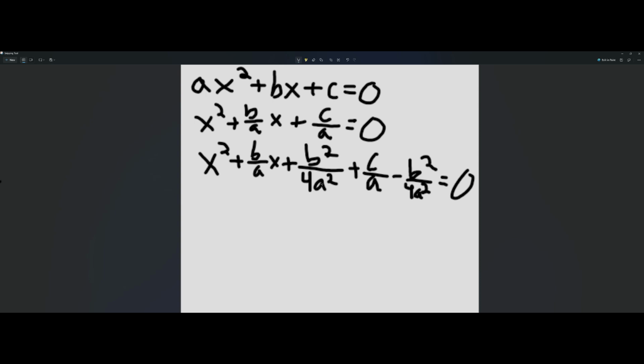And this works because these two cancel out, because we're not changing the polynomial. We're not adding anything new. We're basically adding 0 because these terms will cancel out.